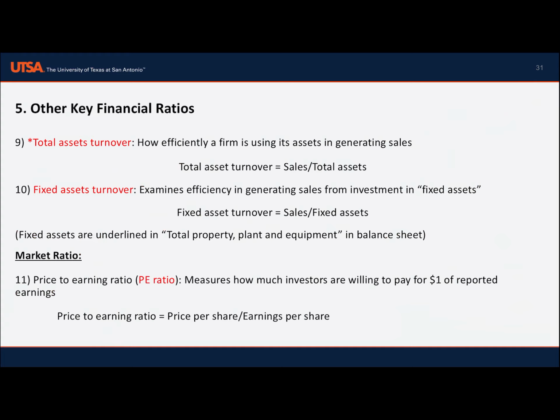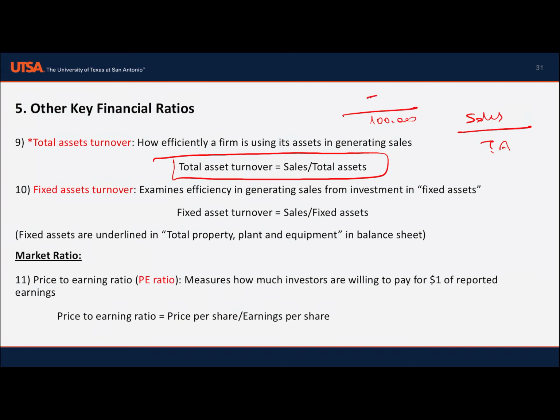Total assets turnover shows how efficiently a firm is using its assets in generating sales. Total asset turnover is sales over total assets. So if the total asset is 100,000 and sales are 50,000, you will get 50% turnover.